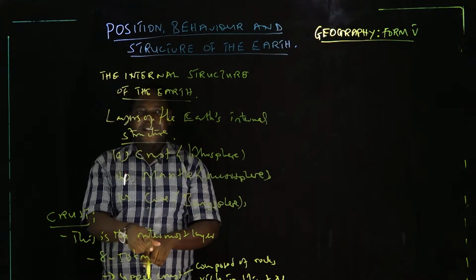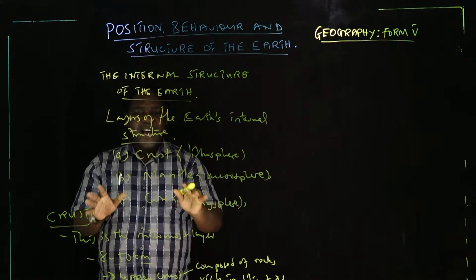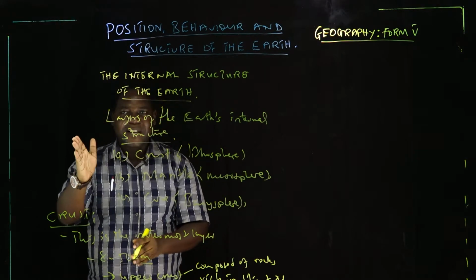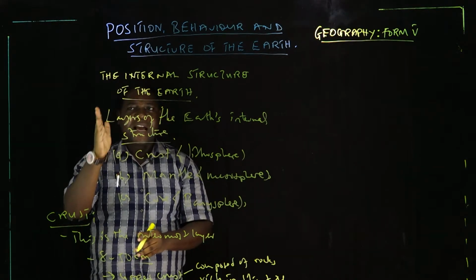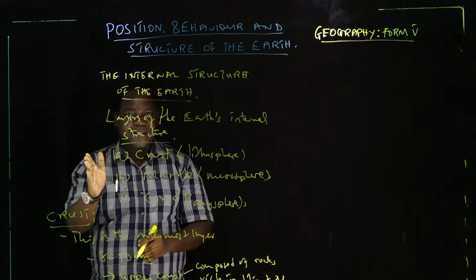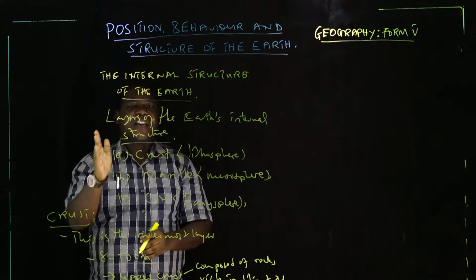Therefore, as you can see, as the uppermost layer of the earth, we have the sial layer, that is silica and aluminum, and we have silica and magnesium. Silica and magnesium are heavier rocks.